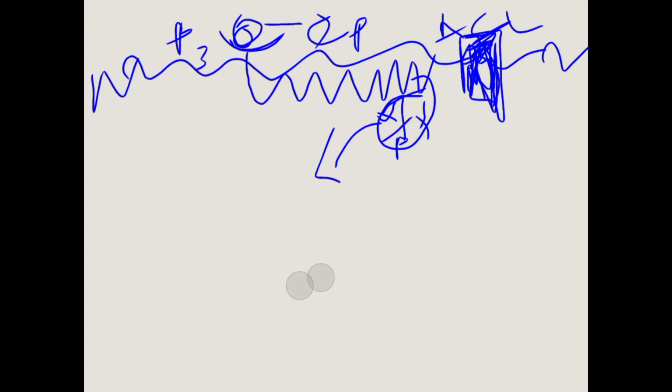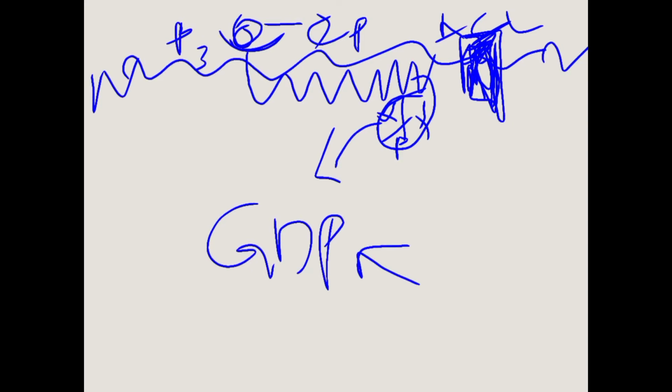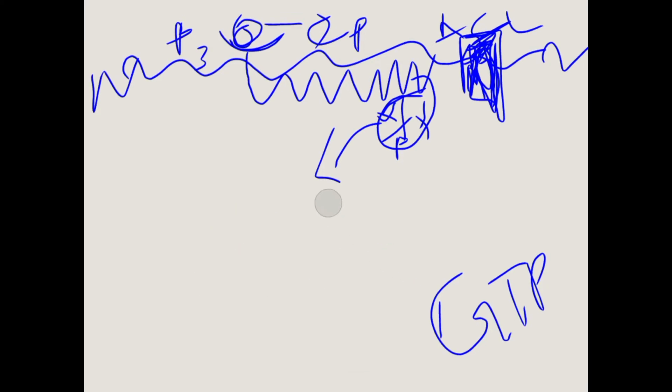So since it's bound to guanosine diphosphate at rest, that means when this epinephrine binds, GTP will replace GDP. So the alpha will bind to GTP.